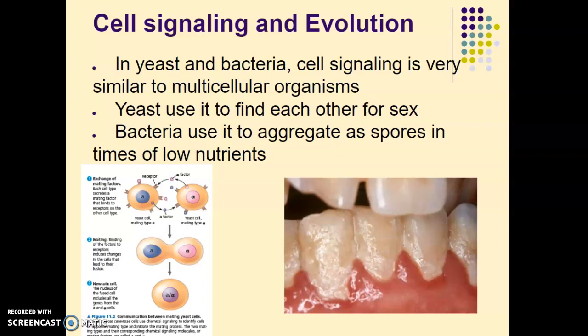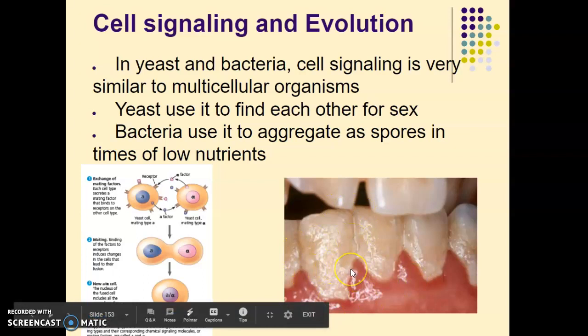It's something that bacteria use to communicate. Bacteria can detect the presence of other bacteria, and when they do that, they will group together or aggregate, and they'll form a hard film called a biofilm, and that's kind of what this is.